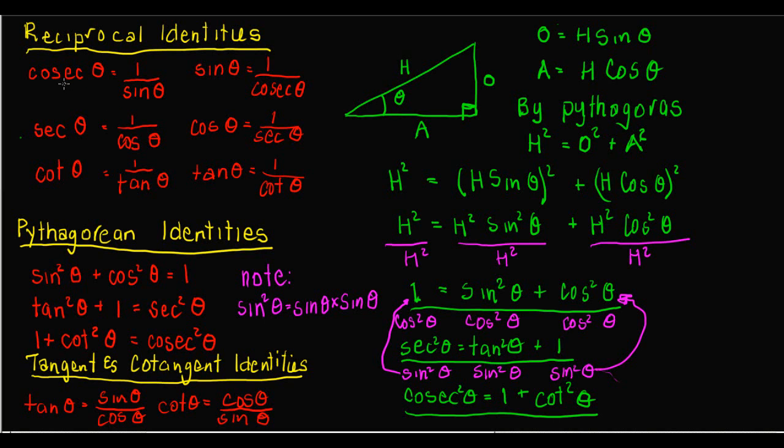We have the cosecant, or cosec, of theta would be 1 over the sine of theta. The secant of theta would be 1 over the cosine of theta.